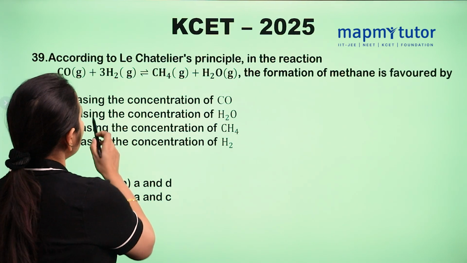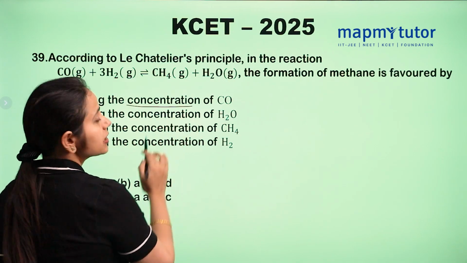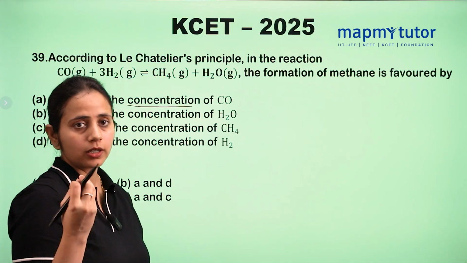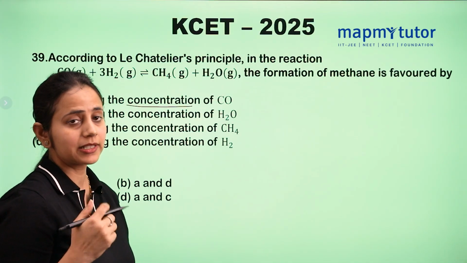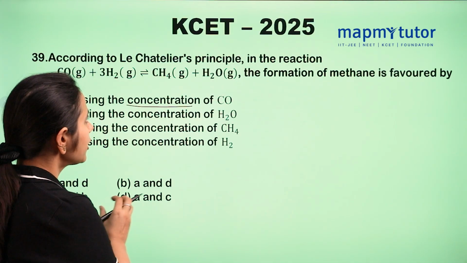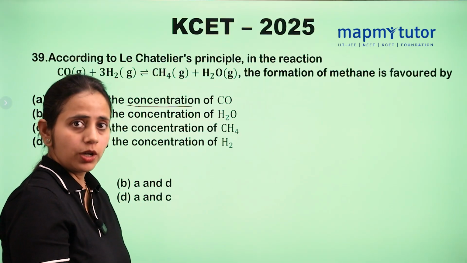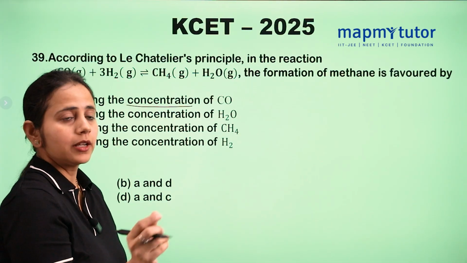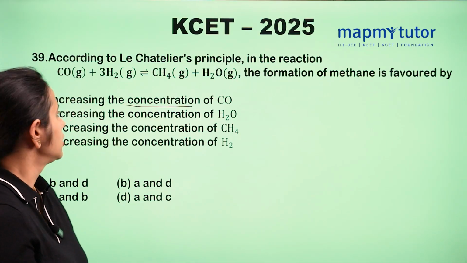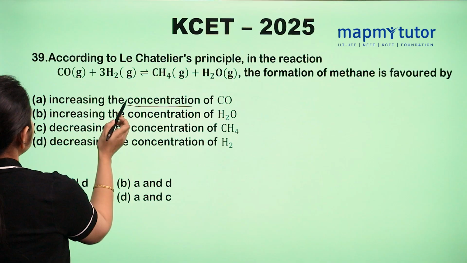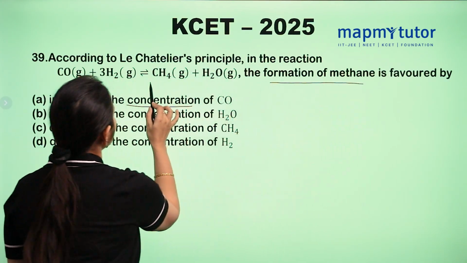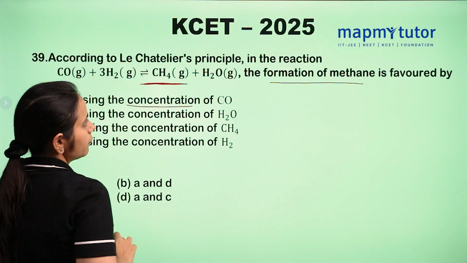See, here we are talking about the concentration terms, right? So how will we relate concentration according to Le Chatelier's? It says that wherever the concentration is low, at that point the equilibrium will shift. So in this case, we need the formation of methane.